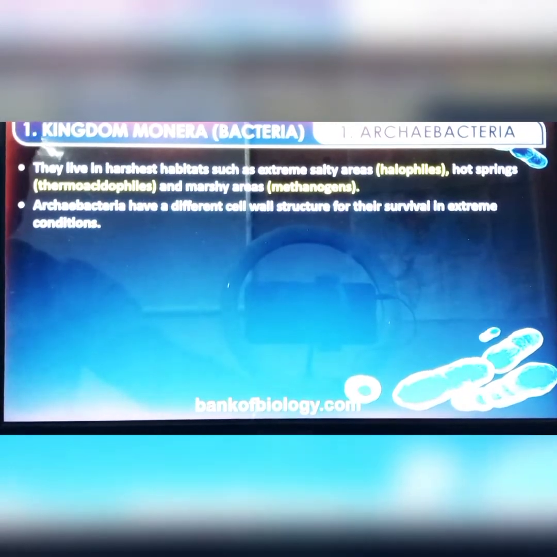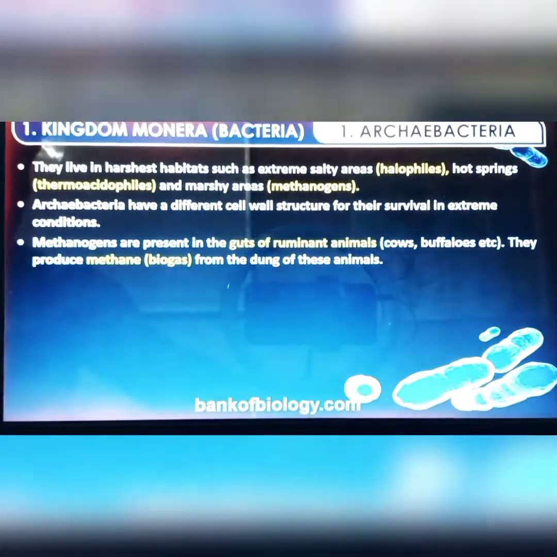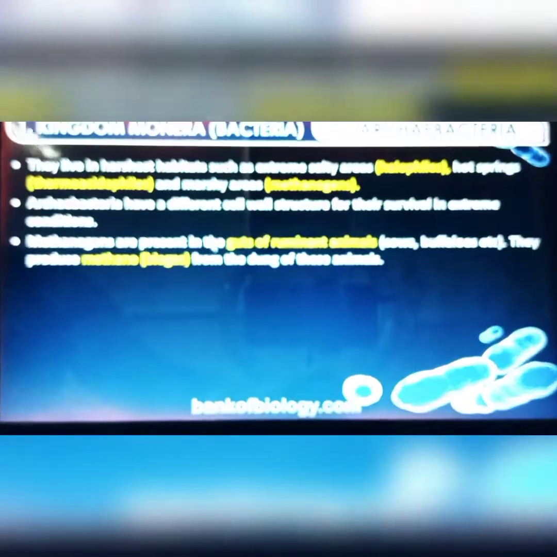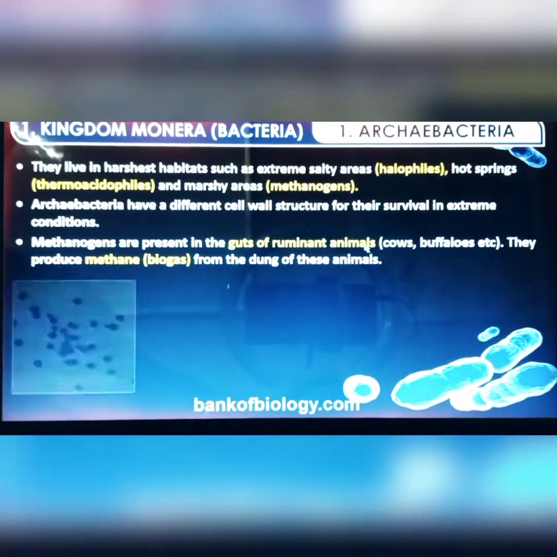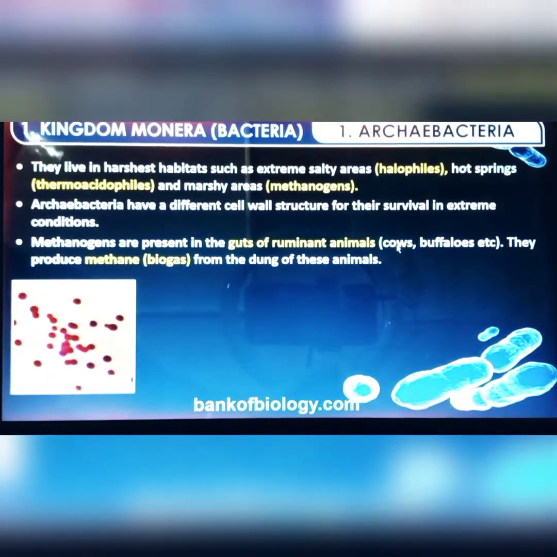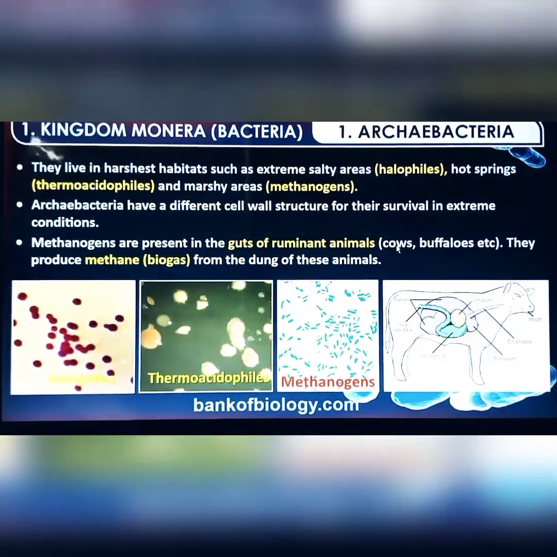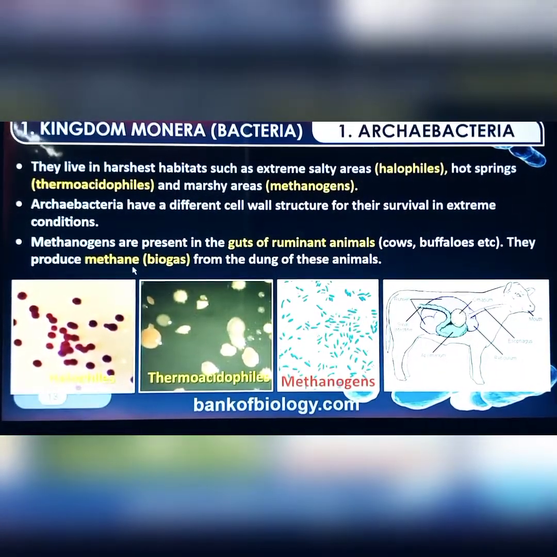I will tell you, there are capsules present on their body that can tolerate the harsh conditions for their survival. Okay, next one, methanogens are also present in the guts of ruminant animals. It means ruminants are known as cows, buffaloes, etc. They produce methane, the biogas, from the dung of these animals.